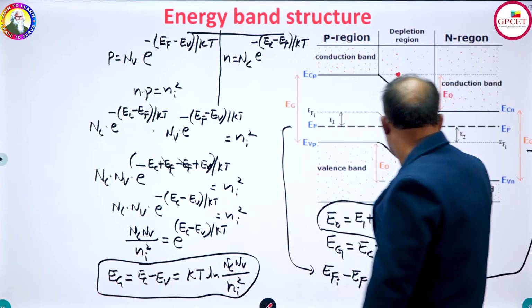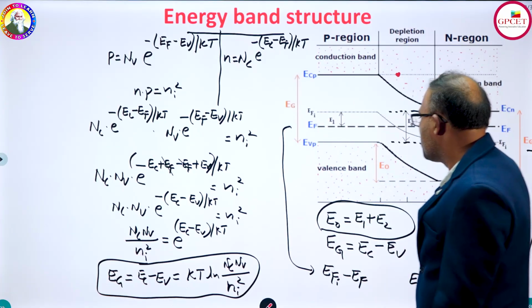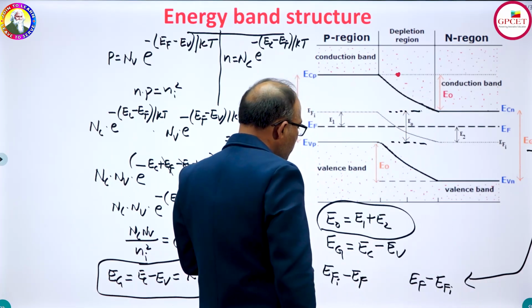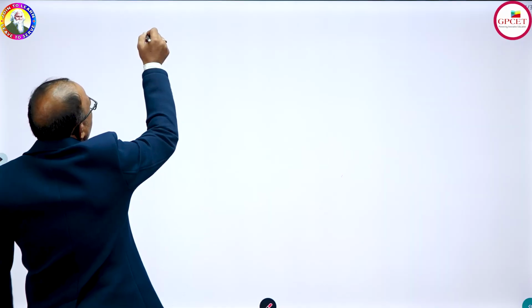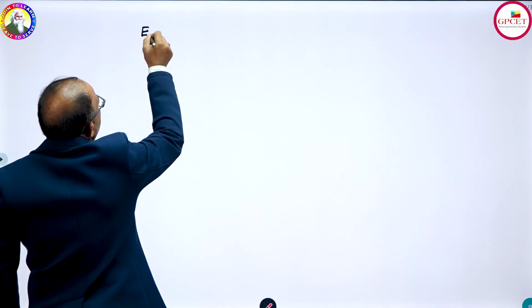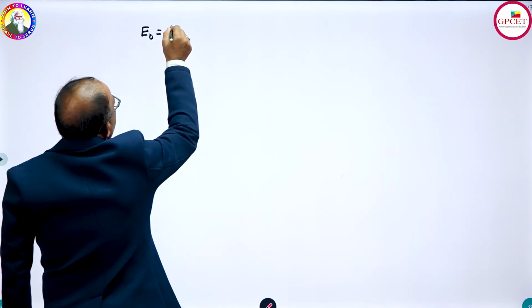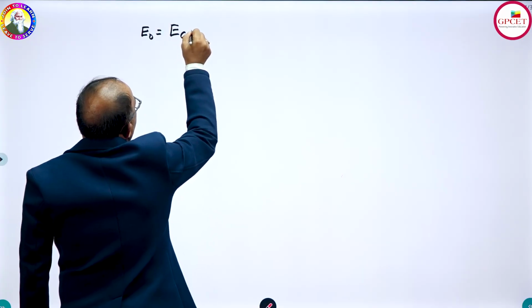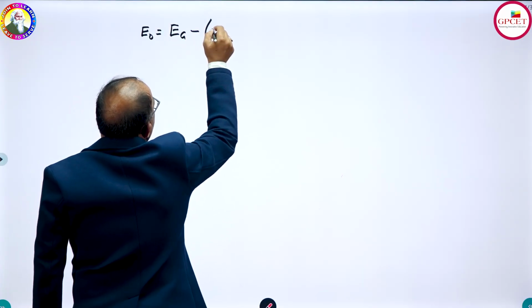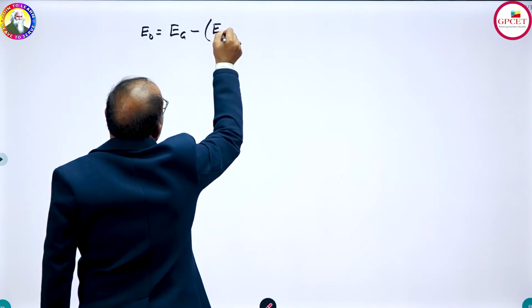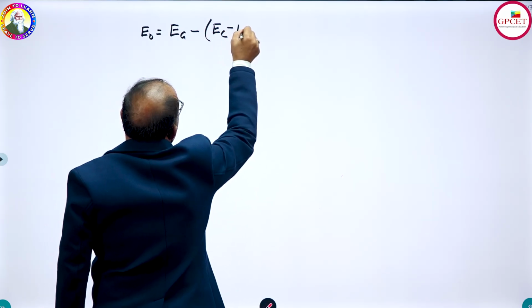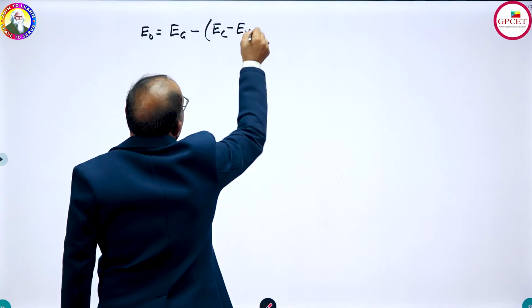As we know from the diagram, E naught is equal to Eg minus (Ec minus Ev).